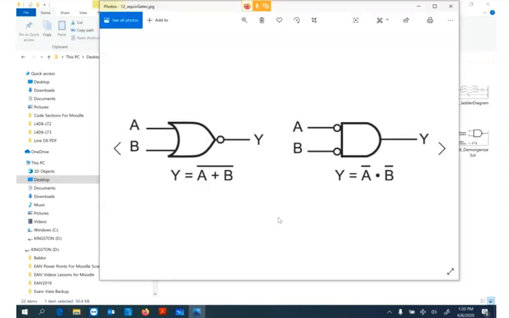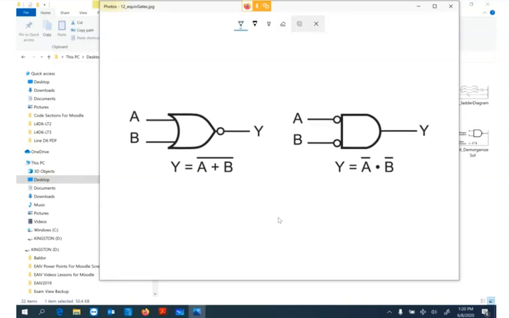So here's a NOR, and notice the bar is across the whole equation, right? Indicating we have an inverted output. So A or B not equals Y is how you would say that. Now we've changed the sign to an AND instruction, and we've negated the inputs. So this here was a 0 before, we've made it the opposite, and now it's a 1.